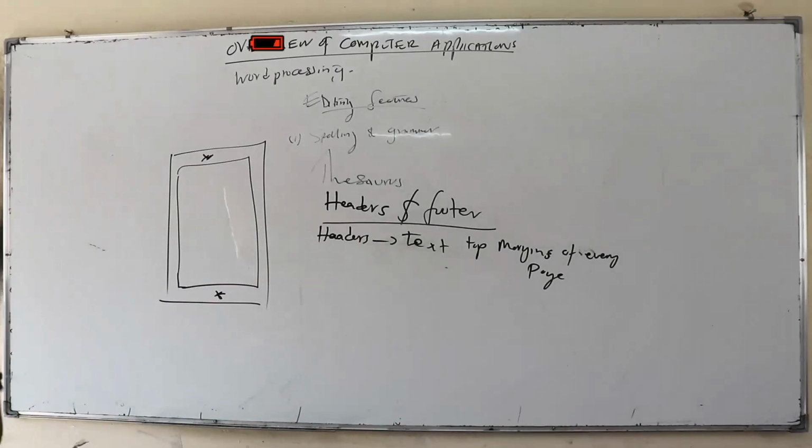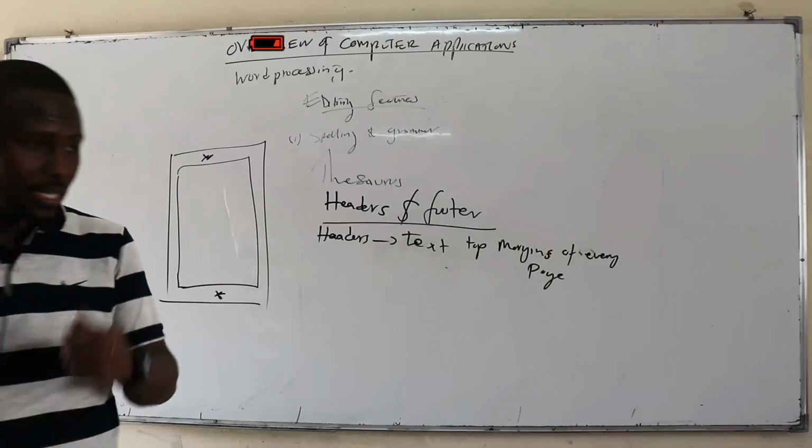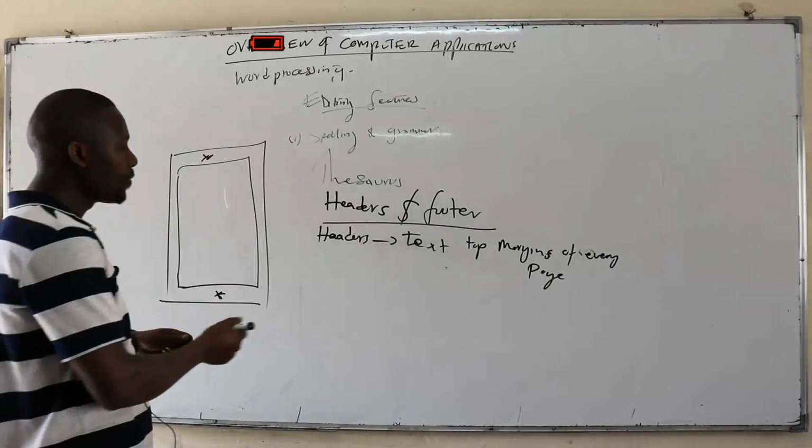After headers and footers, you can now discuss tables. You can write that a table is another feature of a word processor. A table is something we will probably discuss in other programs too, like Excel. A table enables you to structure data or text in rows and column formats.